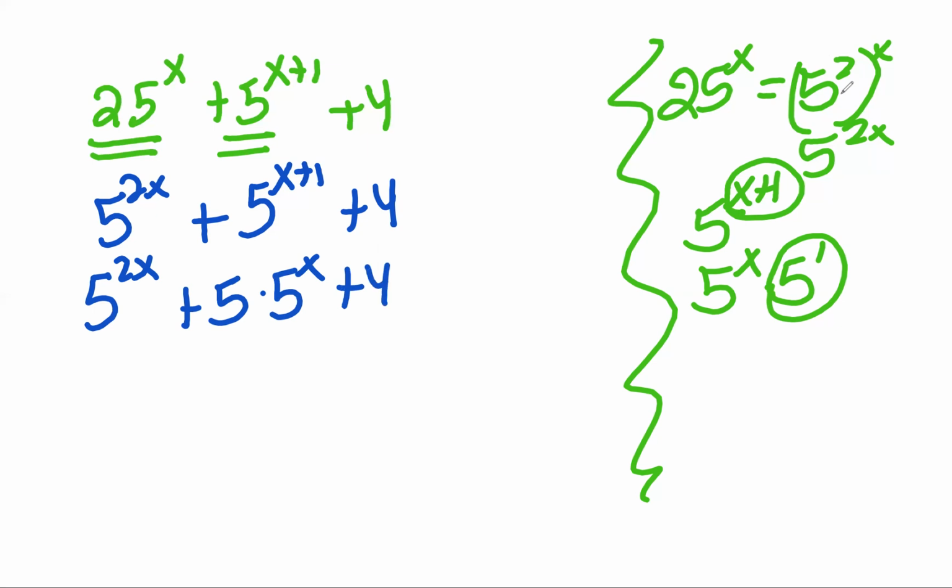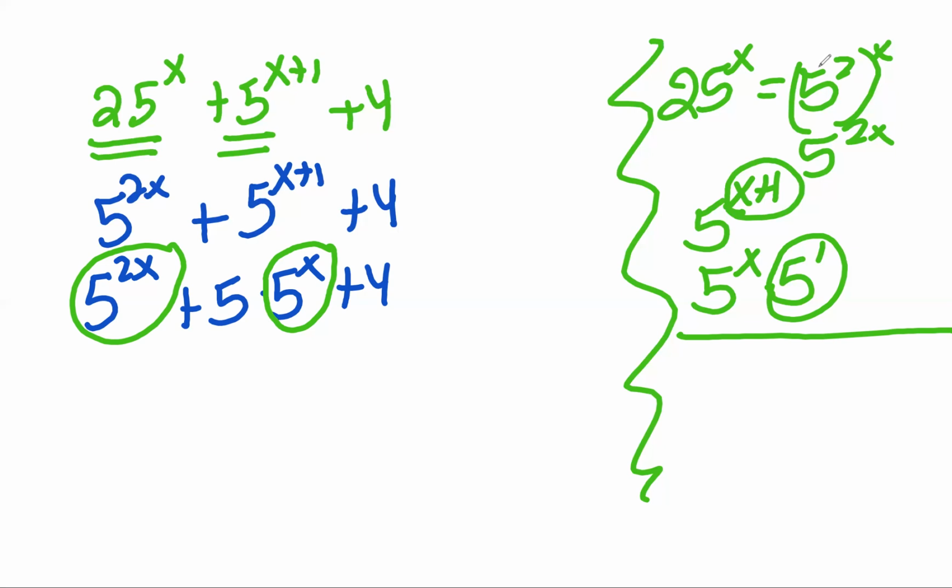All right, once I have the problem written like this, I want to take a look and see, is this exponent half of this one? If the answer is yes, then I can solve through the problem, or I can possibly factor it out.